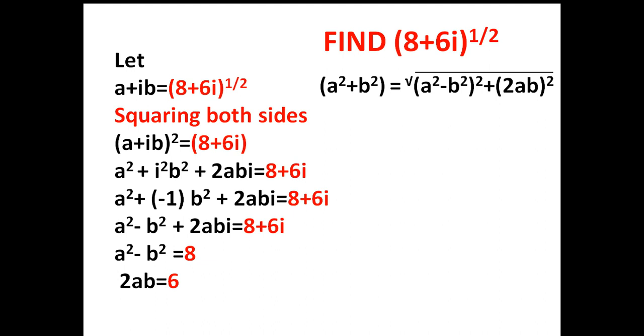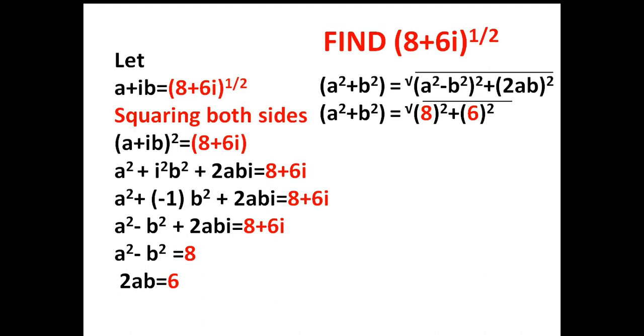Now put the value of a square minus b square, which we have calculated, is 8, and also the value of 2ab, that is 6.